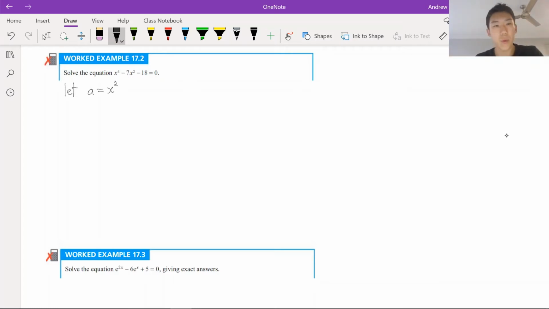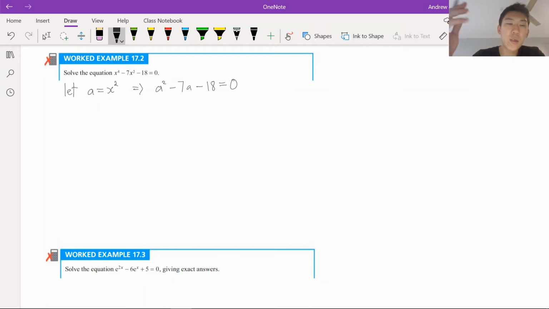Let's see what happens when we sub that into our equation. We'll get a squared minus 7a minus 18 equals 0. See how this is a quadratic, except our variable isn't x, it's actually x squared. We're trying to solve for a with this quadratic, and then we may have to do even more.